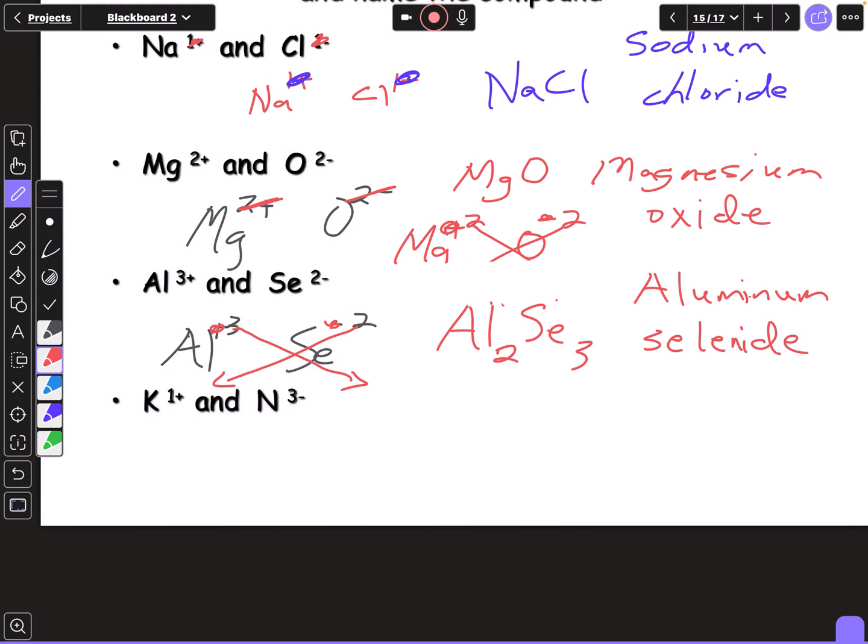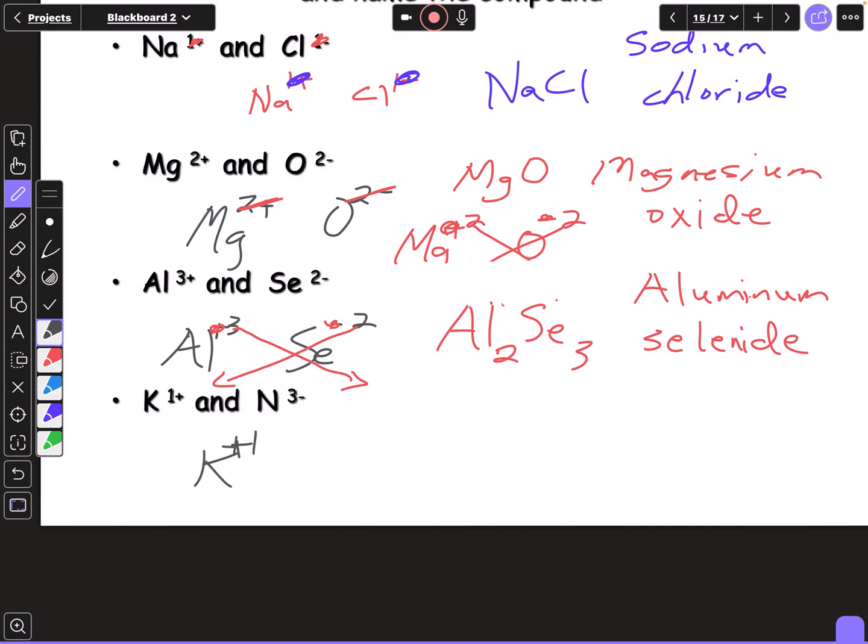Now my last example, we got potassium, this is K, and the nitrogen ion. So I'm going to just pretend like I didn't even know those ions there, and I can look them up. Look potassium up on my periodic table. I've written above group 1, that's what it's in. Those are always a positive 1.